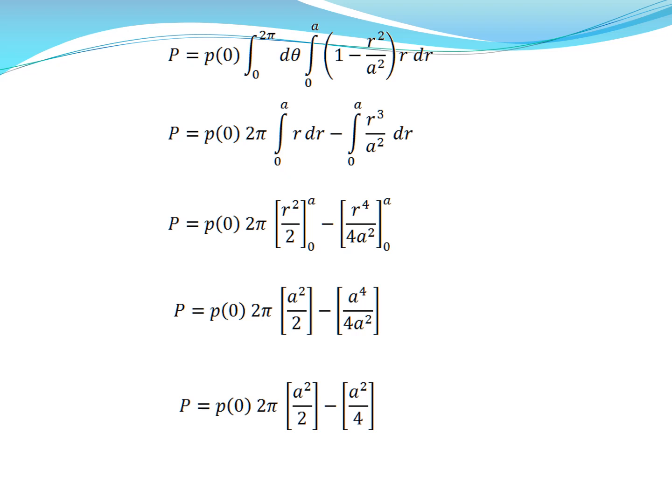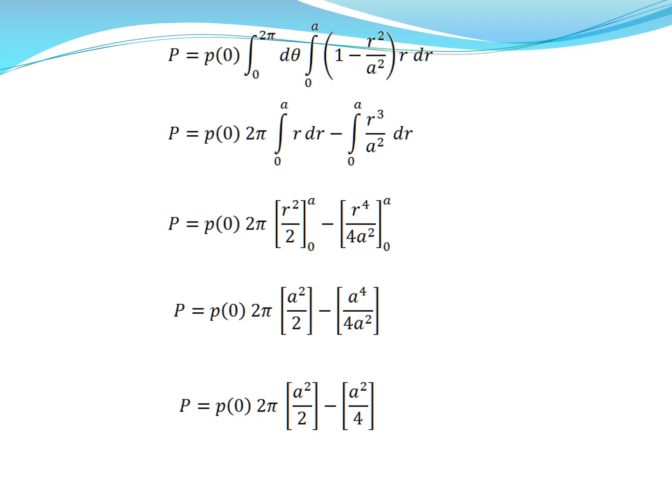So P is equal to P of 0 into the integral from 0 to 2 pi of d theta, times the integral from 0 to a of 1 minus r squared by a squared, into r dr. I will integrate d theta with respect to theta and apply the limits 0 and 2 pi.